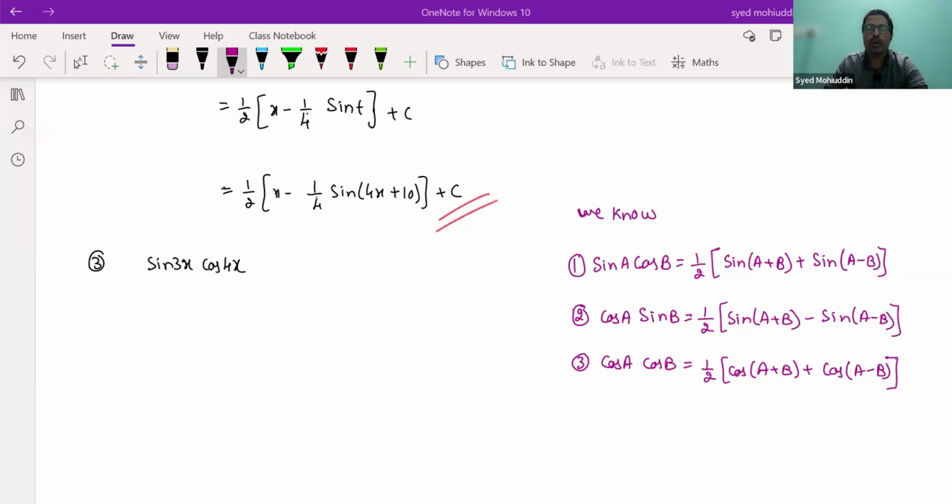Now we'll try to see when both the values are sine, in that case, how to write down the formula. So in that case, the formula will be in terms of negative values.